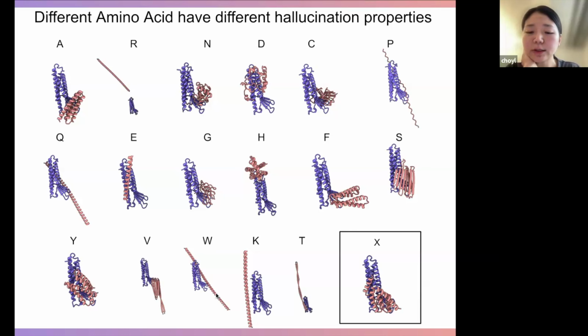This token is used in the PDB training data set: if there are unresolved residues or unknown sequence, they replace everything with this X unknown token. Also for non-canonical amino acids, with different side chains, not the 20 amino acids, they just replace everything with the X token.